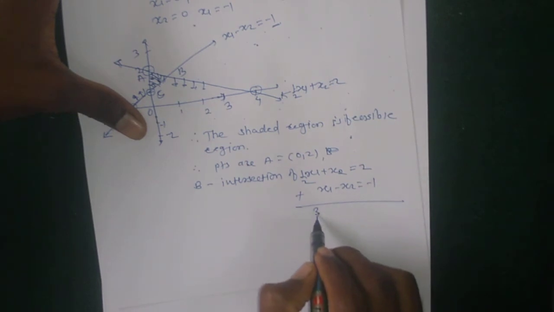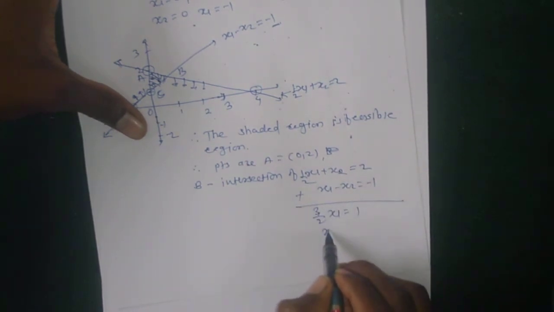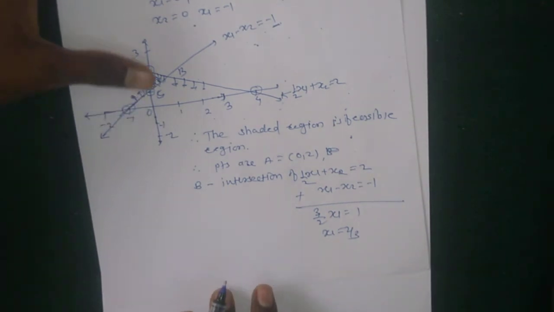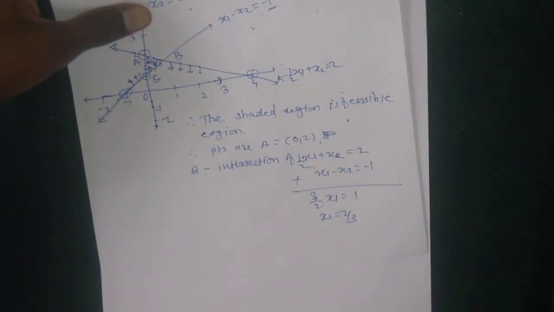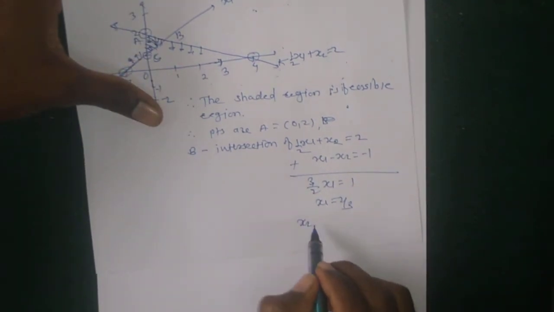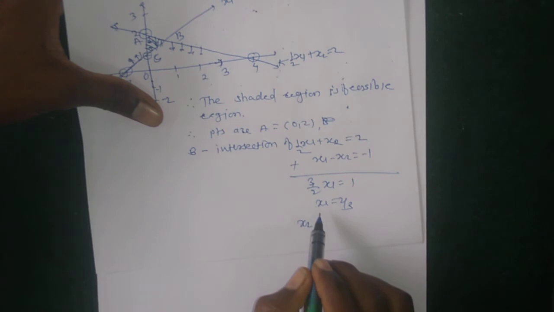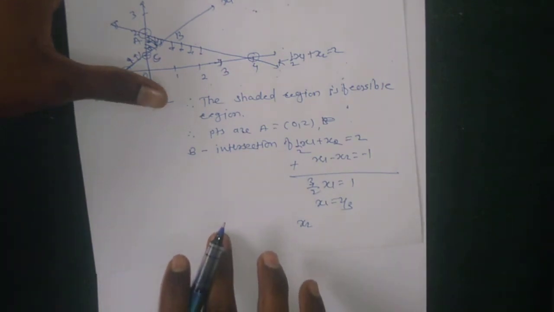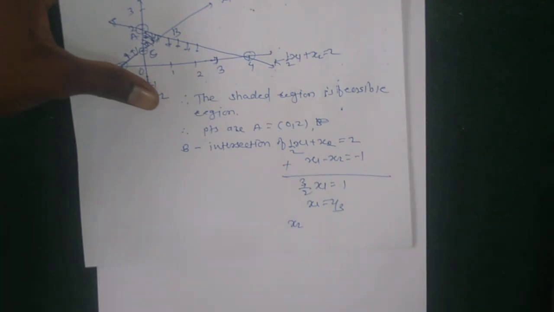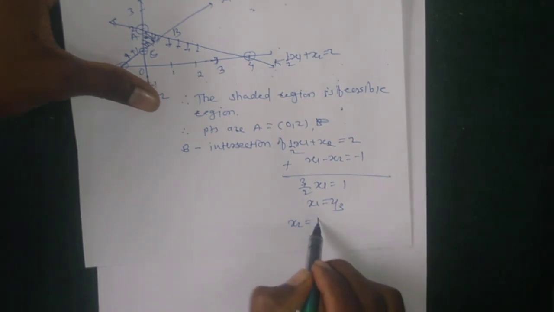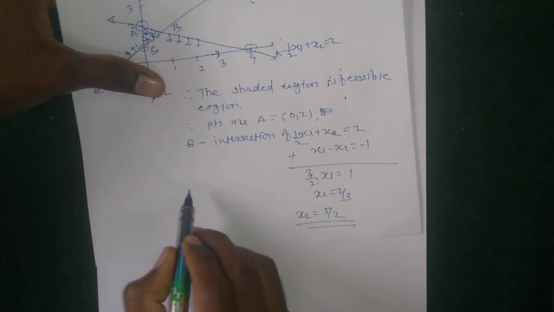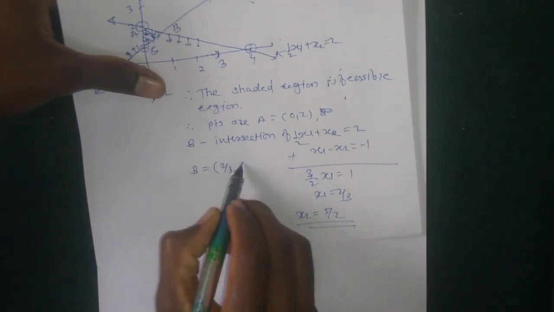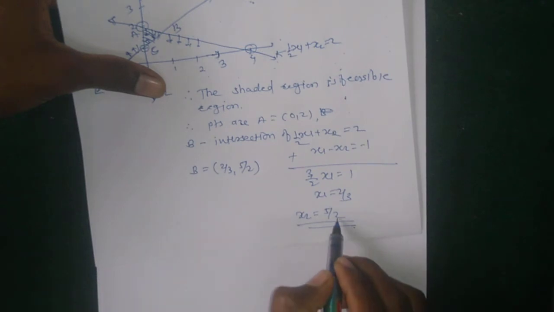If we add, then 3/2 x1 is equal to 1, which means x1 is equal to 2/3. And then if we put x1 is equal to 2/3, then x2 is equal to 2 minus 1/3, then 6 minus 1, that is 5/3. x2 is equal to 5/3. Therefore point B is (2/3, 5/3).